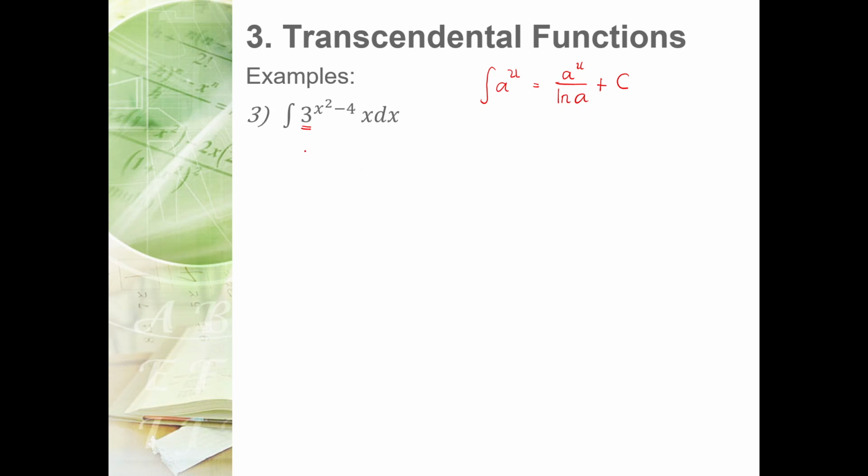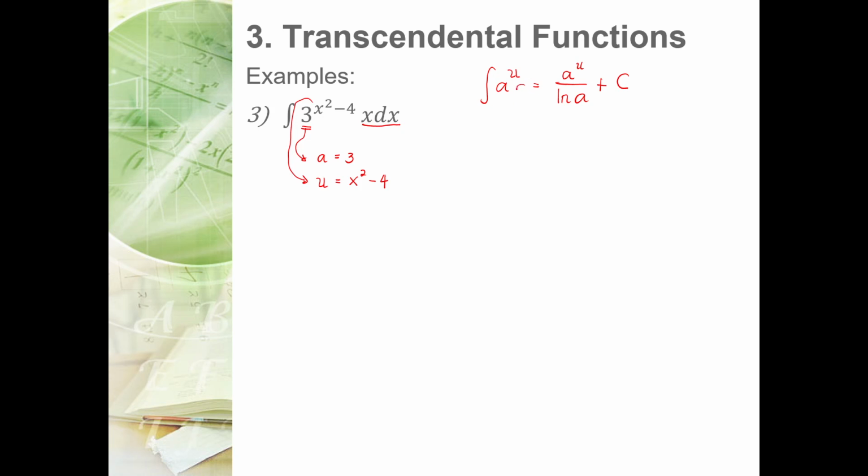So of course, we declare the variables first. 3 is your a parameter. Then the exponent is your u parameter, and that's x squared minus 4. Notice that we have a remaining term here, x dx.